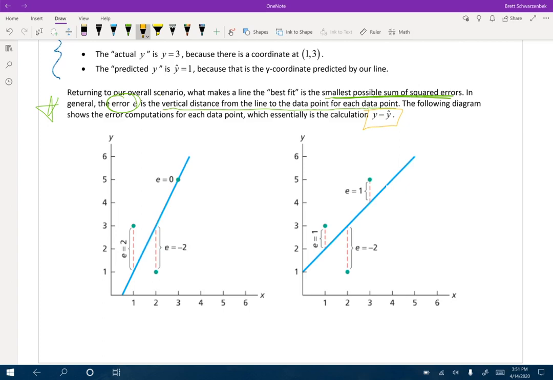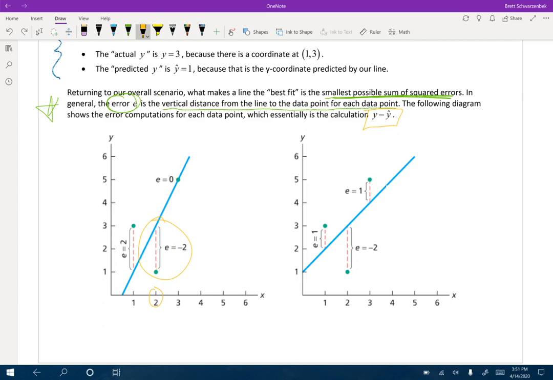So if you're looking at this scenario, the actual is 3, the predicted is 1, so 3 minus 1 will give you 2. But if you go to this scenario over here, the actual y is the coordinate at x equals 2, is y equals 1, but the predicted is y hat equals 3, which means when you do 1 minus 3, you get negative 2.